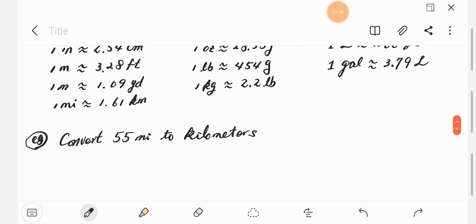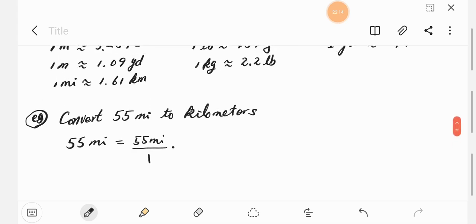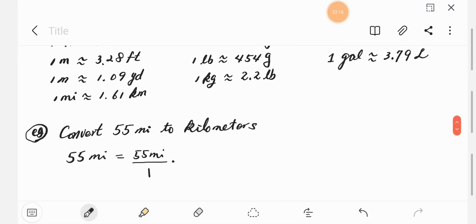Then let's convert 55 miles to kilometers. Let's first write the 55 miles that we want to convert. The denominator is 1, right? In order to convert miles to kilometers, what's the relationship between these two?